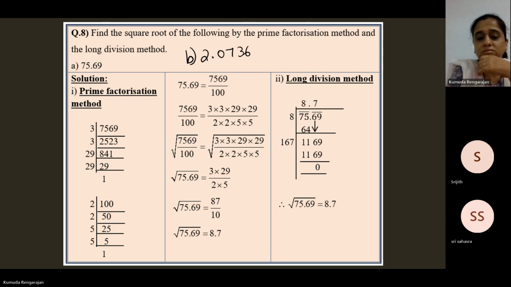Srijit, found the square root of the number using prime factorization method. Yeah, send a picture of your answer on WhatsApp.